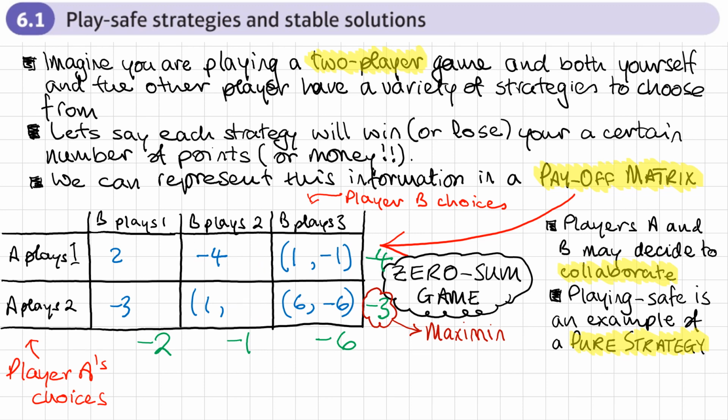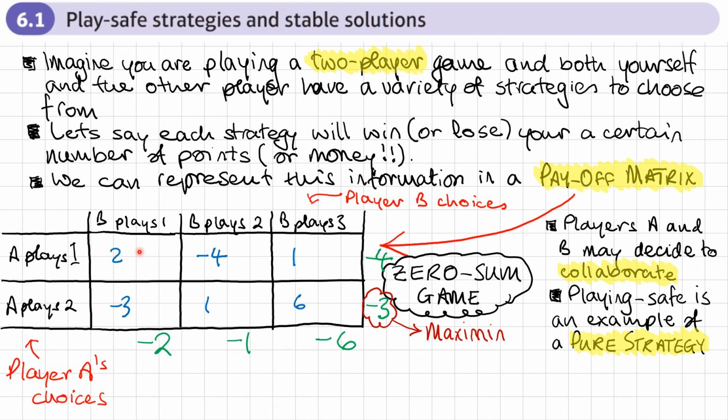So let's take these out. And what we've got now is a zero-sum game. But this time, nothing is written down for B. These numbers represent what A is going to get from their perspective.